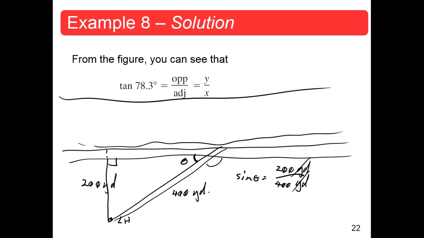Now, can anyone do that math? It's pretty hard. 200 divided by 400? That's 1/2. Now here we have sine of some angle theta is equal to 1/2. Do we know any such angle that would be true for? Remember, there were some of those angles I said were going to be your close friends.